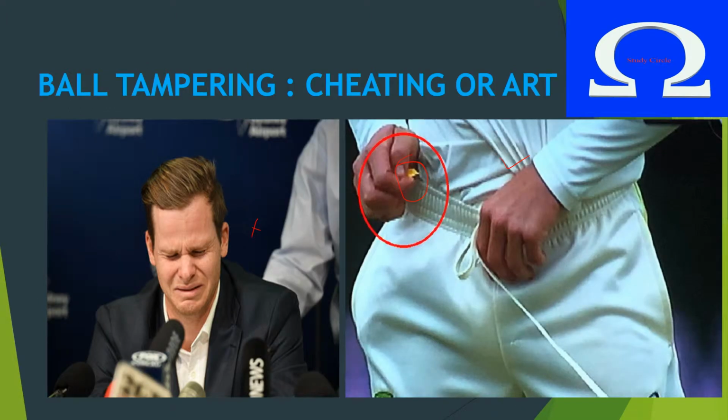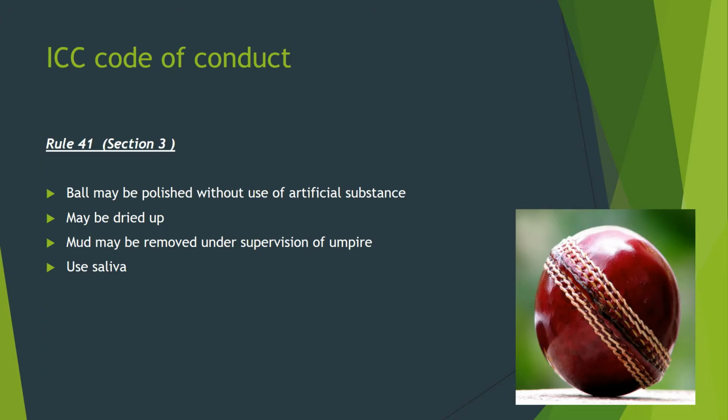So, what actually is tampering? What does the ICC code of conduct normally say? It says rule number 41, section 3: the ball may be polished without use of an artificial substance. Normally it has been seen that players rub one surface of the ball with their saliva, or dry it with towels.